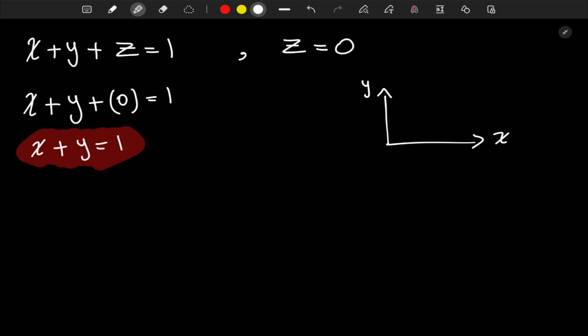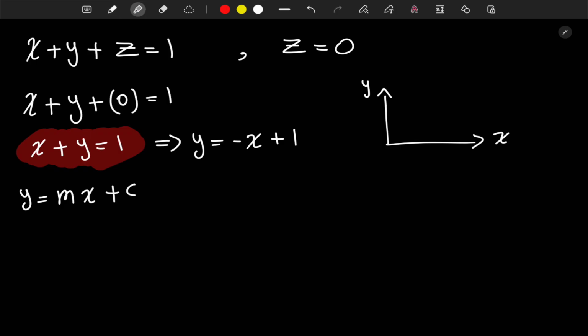This is the function of a line, which we may know as y equals mx plus c. So if we standardize our function, it will be y equals negative x plus 1.